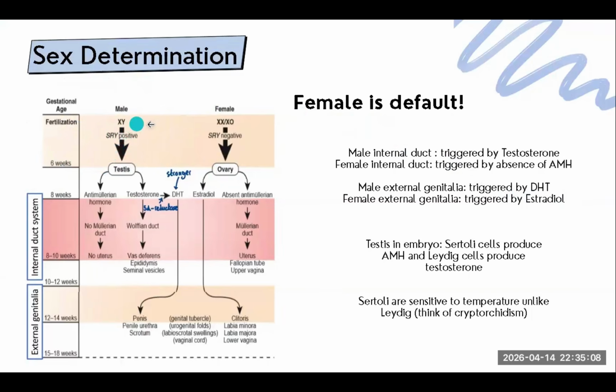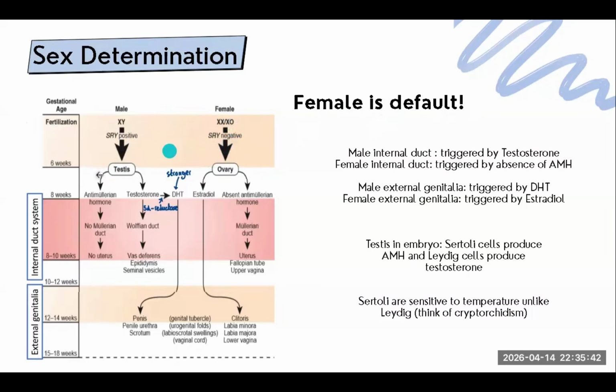Now, the Y chromosome contains a gene known as the SRY gene, or the testis determining factor. When a fetus has the Y chromosome, they would express the SRY gene, and when the SRY gene is positive, the gonad would develop into a testis. Okay? In the event that the SRY gene is not there, which is either in XX, normal female, or X0, a missing sex chromosome, we would have SRY negative conditions, and the gonad would develop into the ovary because female is default.